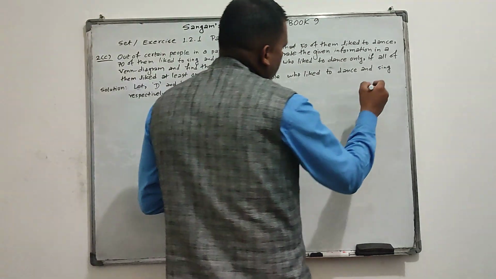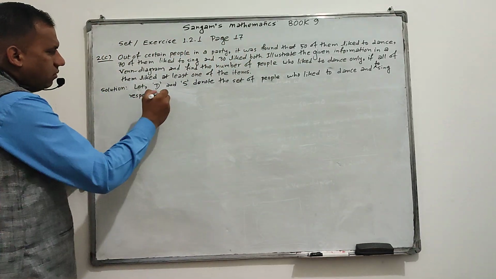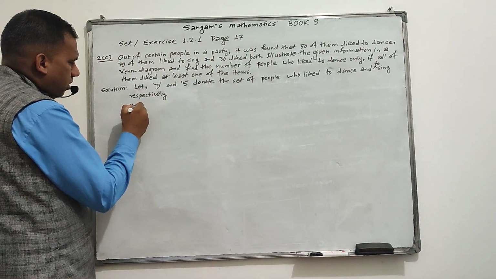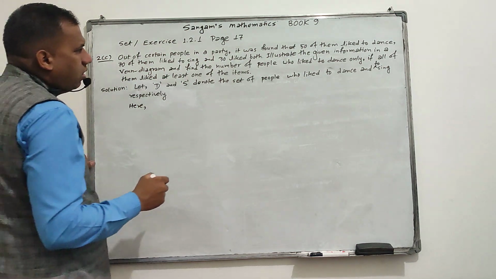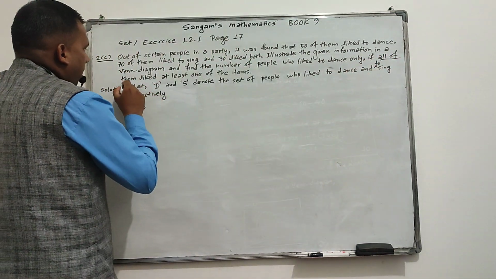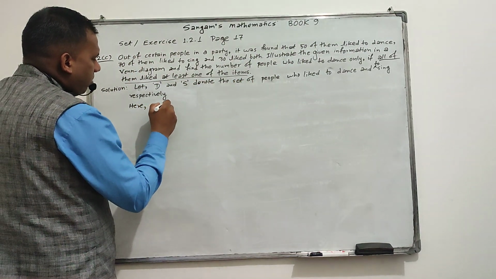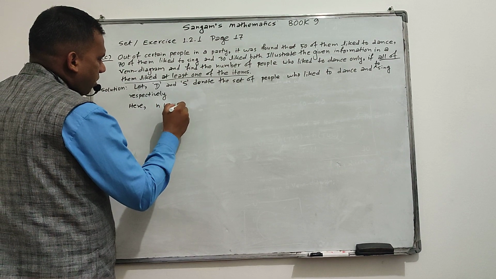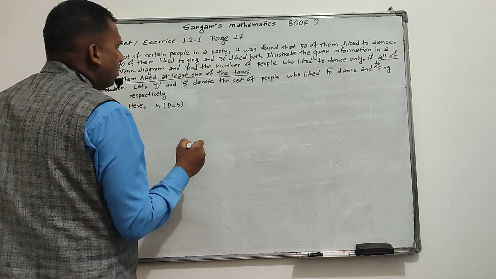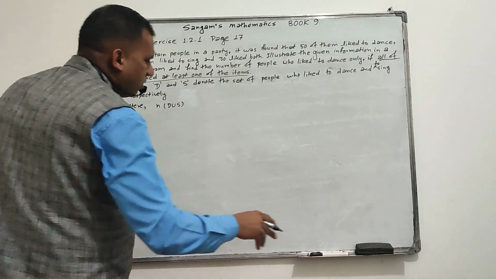Like to dance and to sing respectively. Here, if all of them like at least one of the items, it means the number of D union S is equal to the total number.